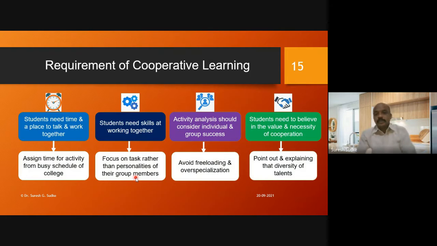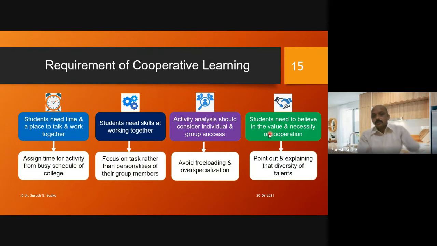And while doing that particular activity, we always have to keep in mind that we have to avoid overburden and over specialization. So we have to limit ourselves to achieve our particular target. Otherwise, it may increase the workload on the individual as well as our group.